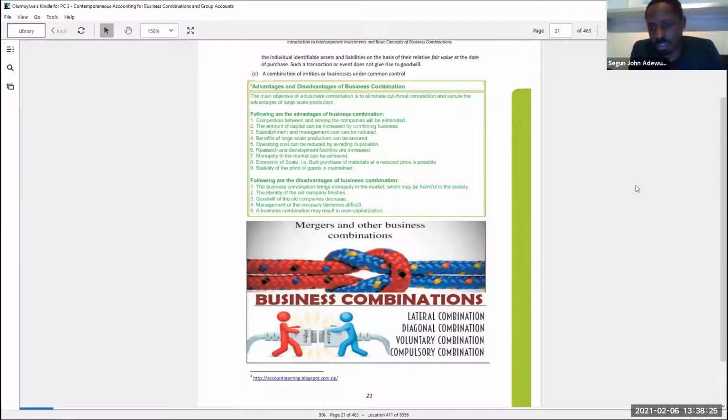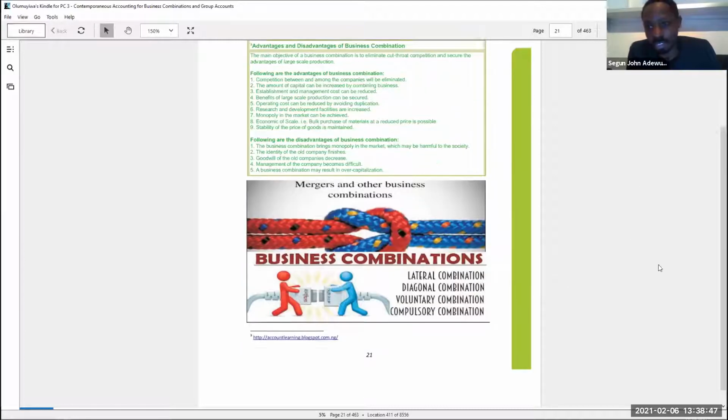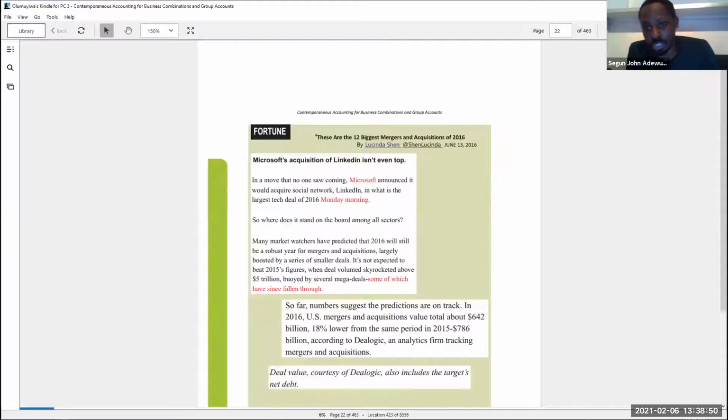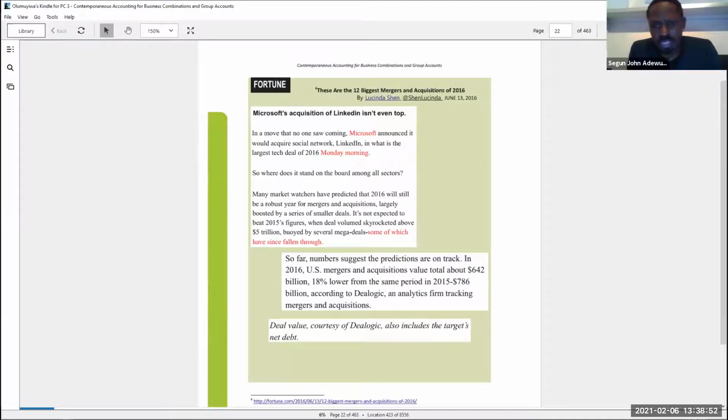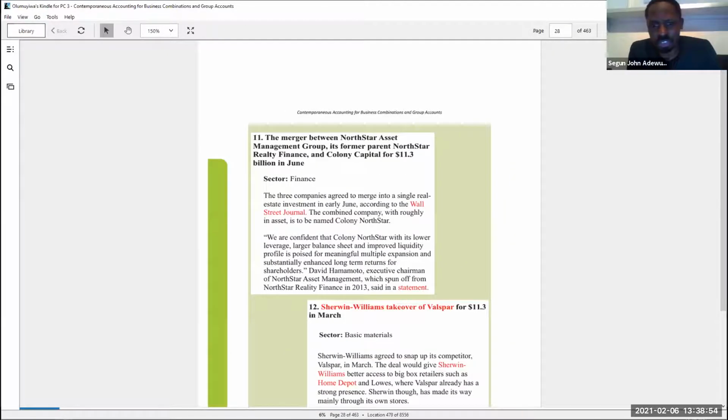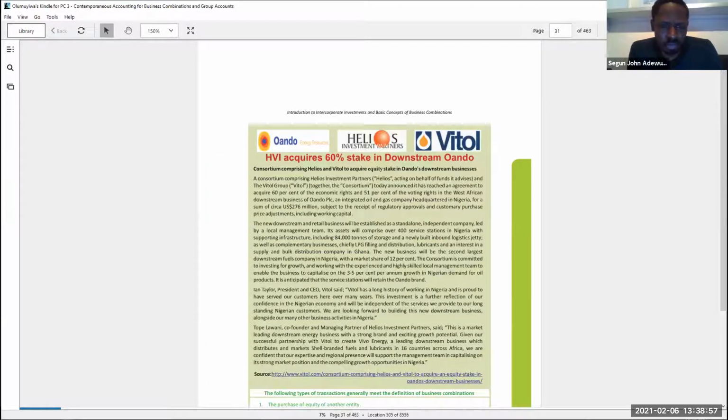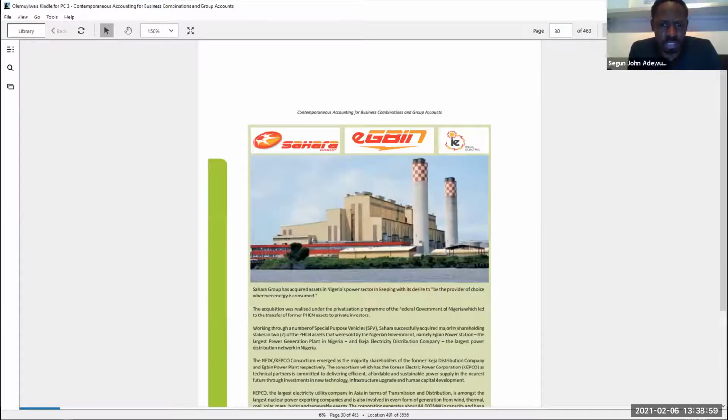As I said, it comes in different forms, in the form of merger and acquisition, or joint venture, or takeover, like a bigger company buying over the shares of another company. And that one is always consolidated. So that is my understanding of business combination.